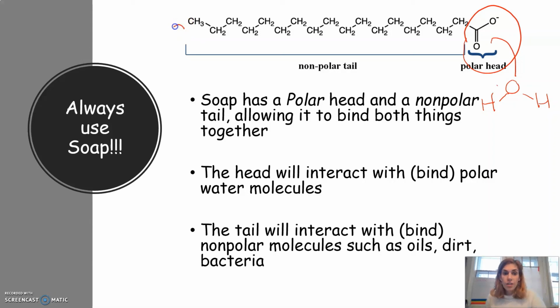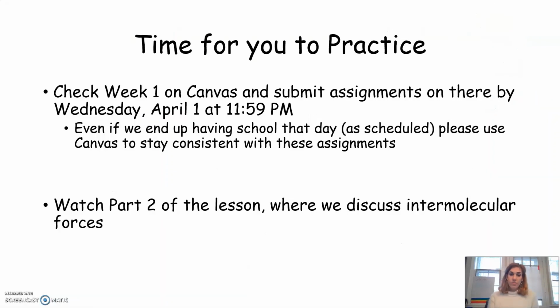And so then because these have bonded and are being held together with soap, that's how we're able to get it off. So soap is really unique, and we're actually going to come back to this phenomena throughout this unit. But it's important to realize that because of polarity, that's what makes soap so effective, allowing it to bind to bacteria, dirt, and water, and to really remove those germs and keep you safe.